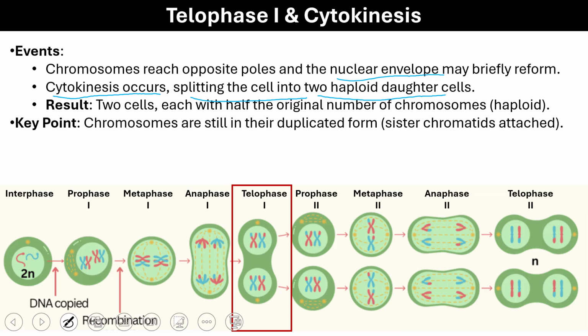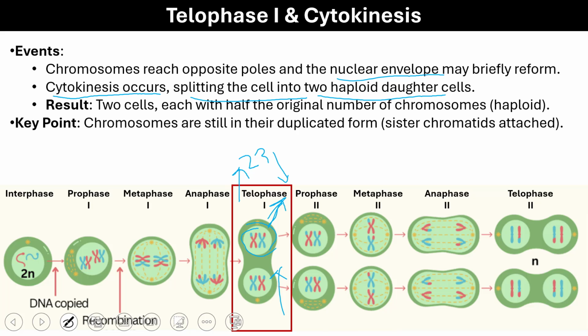As mentioned earlier, these daughter cells will have only half of the chromosomes, which is 23 chromosomes here and 23 chromosomes on this side. But here you can see, although these are only 23 chromosomes, which is half the number of the original, they are still in the duplicated form.